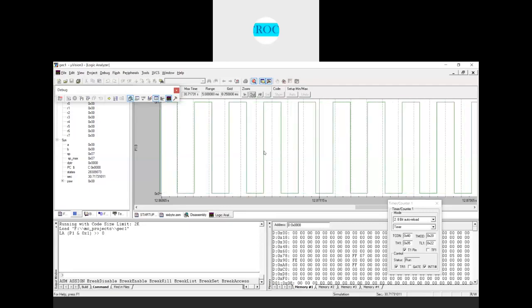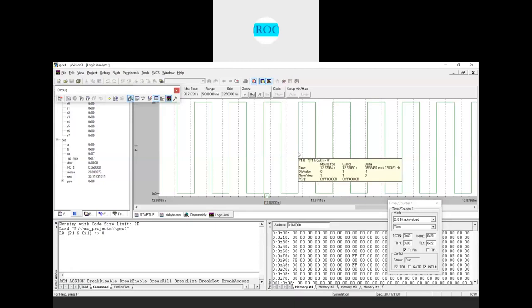If you see this waveform and look at the frequency which is generated, we have something like 539.487 microseconds, or 539 microseconds, and 1.85 kilohertz. That is the frequency we calculated, right? That is what we got there. Now you can see from this one.